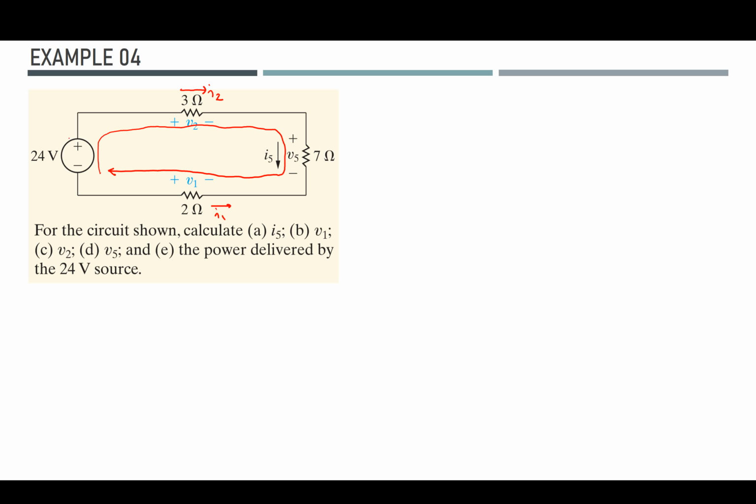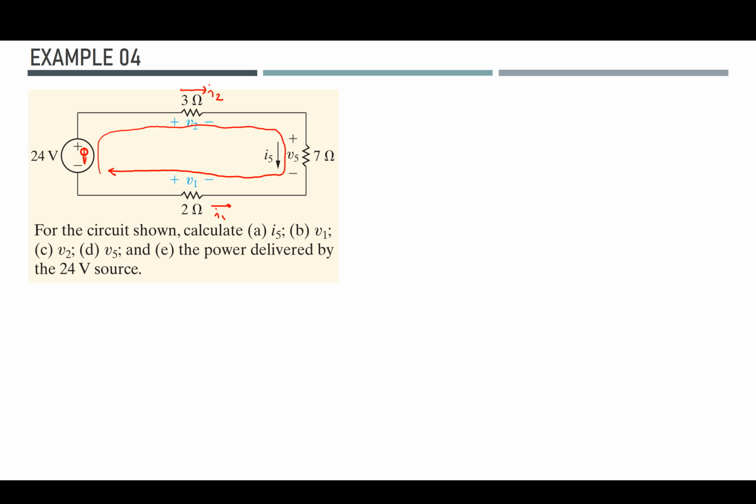And if you look at the current in the voltage source, it should be like this. Since I'm always, by definition, taking the correct direction as from plus to minus, I can also write it down this way.